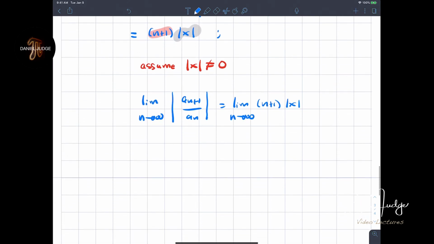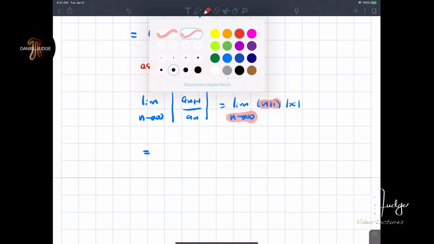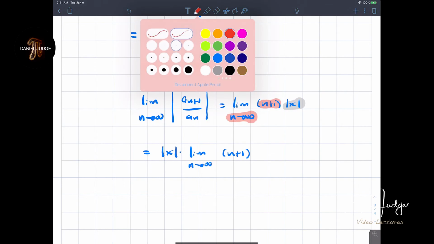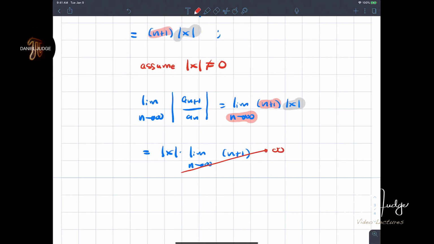Since this limit is about n, it's not about x, as n goes to infinity, you're going to pull out this x as if it were a constant because it doesn't apply to the variable. So you get the absolute value of x times the limit as n goes to infinity of n plus 1. Now you know that this limit here is infinity.